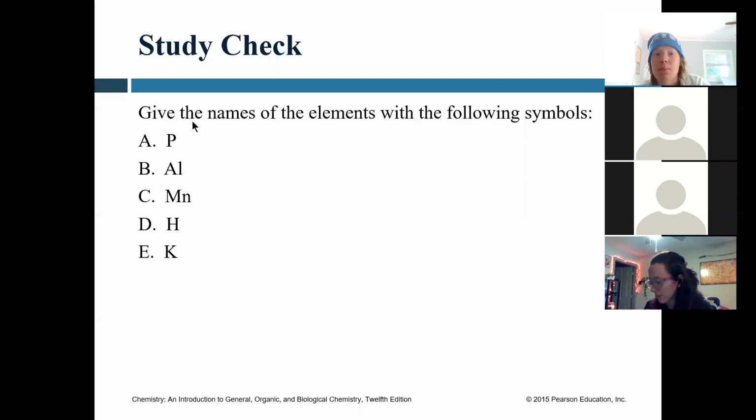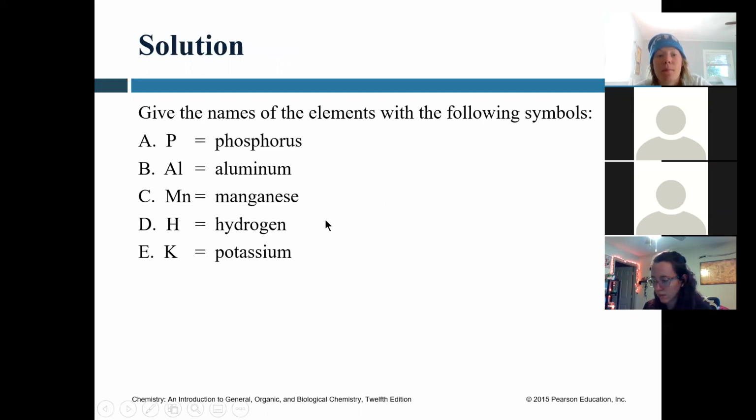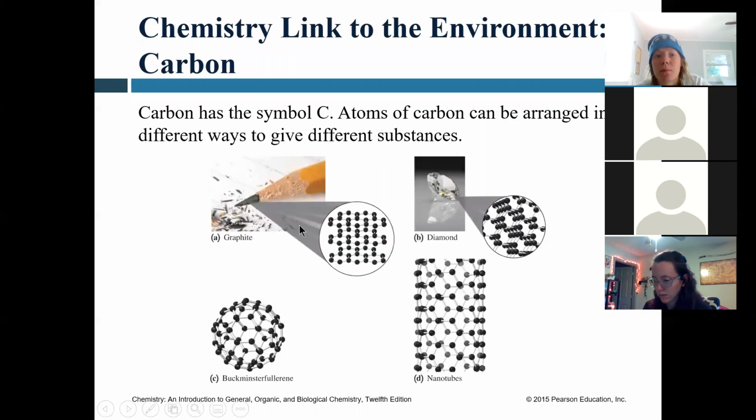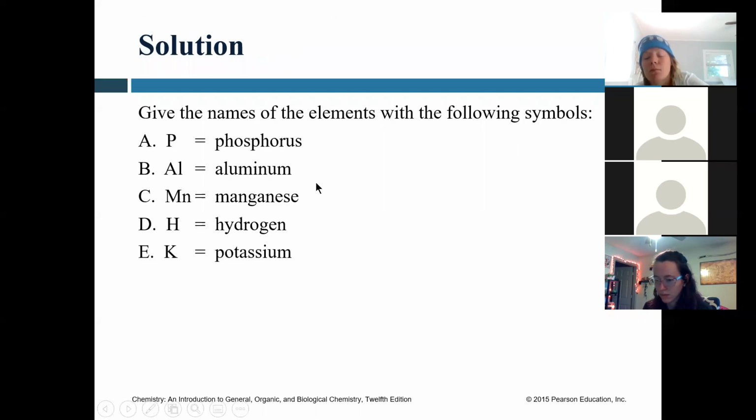So just make sure that you're keeping those separate from each other. D, H is hydrogen, number 1, and E, K is potassium. So again, manganese, not magnesium for that one.